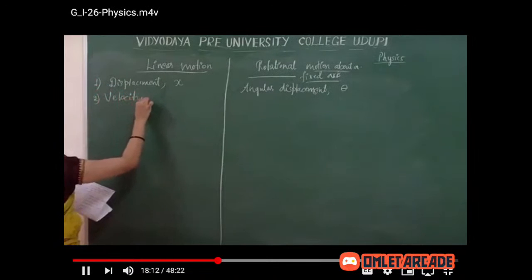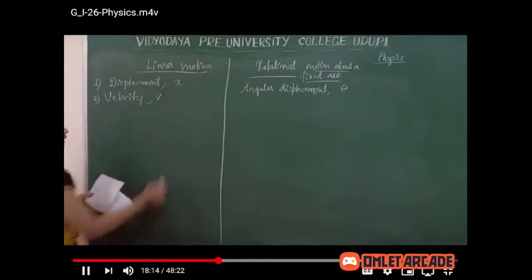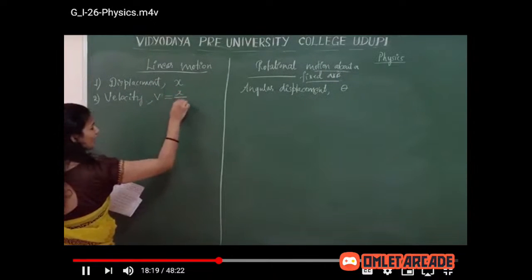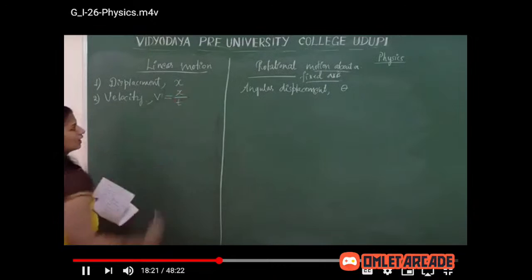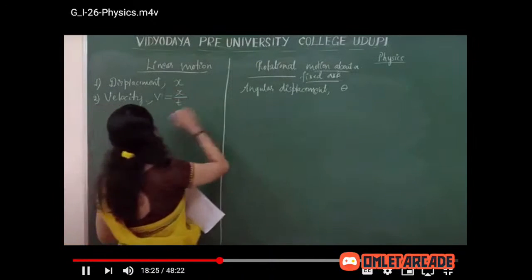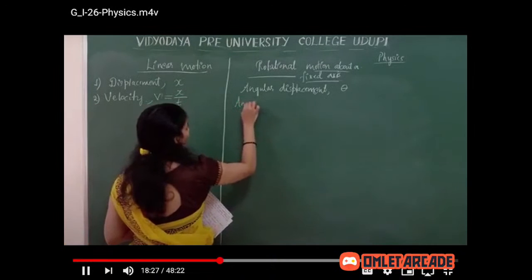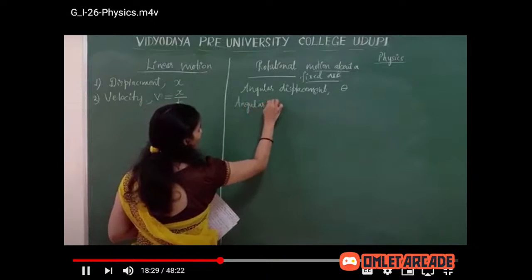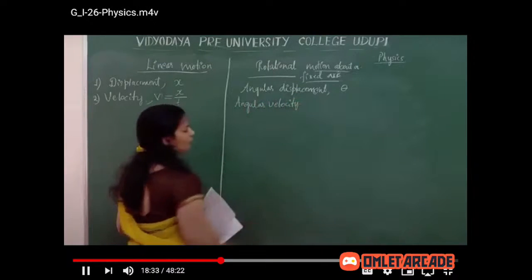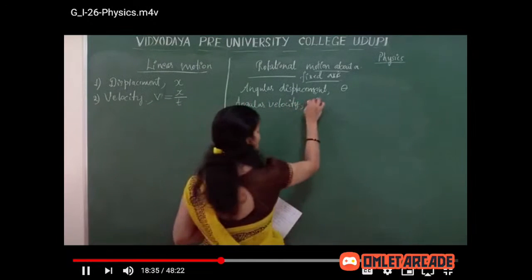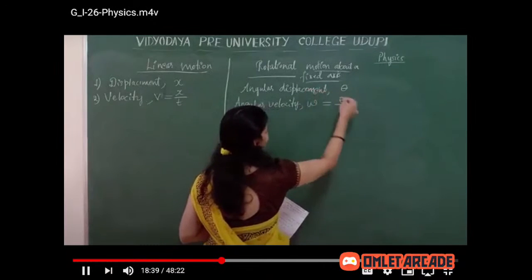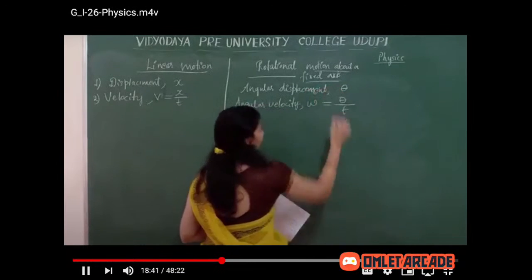The notation for linear velocity is v, that is equal to x by t. While coming to rotational motion, that is angular velocity, and the notation for angular velocity is omega, which is equal to theta, angular displacement, by time.